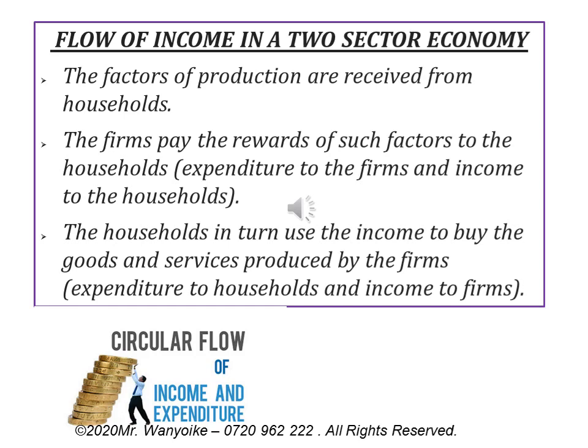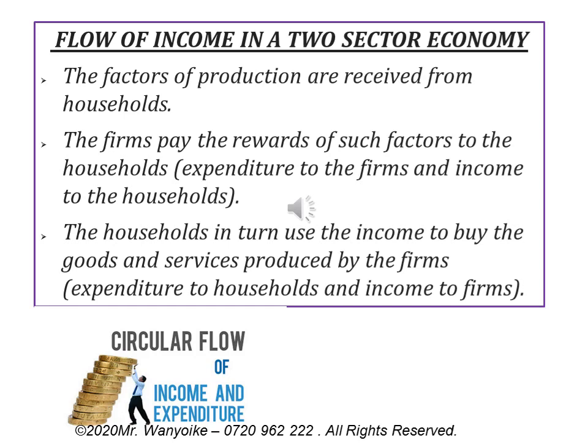So the farms will spend money and the households will receive that money because the households have given factors of production such as land, labor, capital, and entrepreneurship, and then the farm will pay for those factors, will reward those factors of production as we discussed in Form 1.